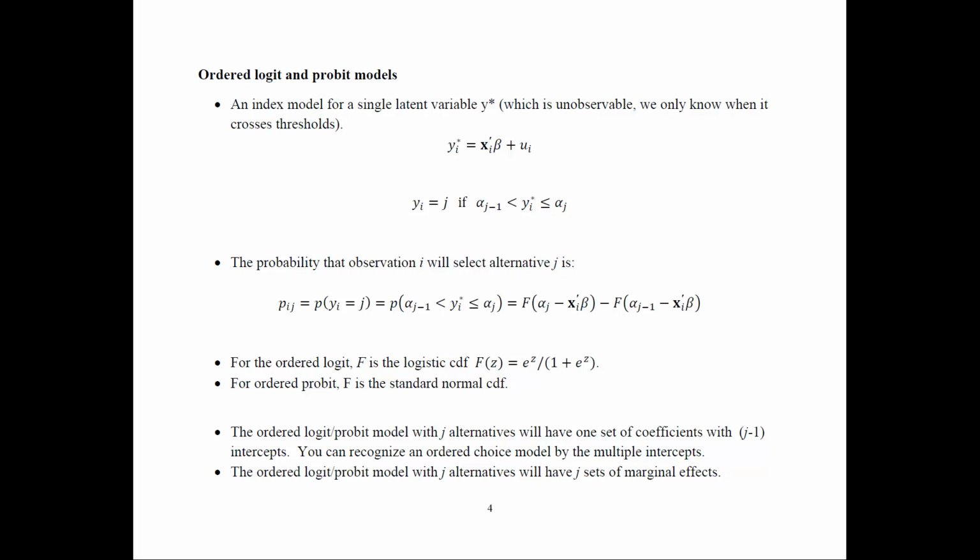With 3 categories, you will have 2 intercepts, and so on. So if you look at the table in a published paper and you don't recognize which model they have used, and if you see intercept number 1, number 2, number 3, that's a clue that they have estimated an ordered Probit or Logit model. Another interesting thing about these ordered models is that if you have J alternatives, you will also have J sets of marginal effects that we can calculate.